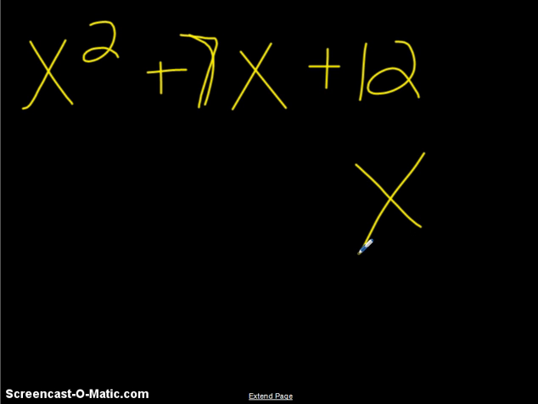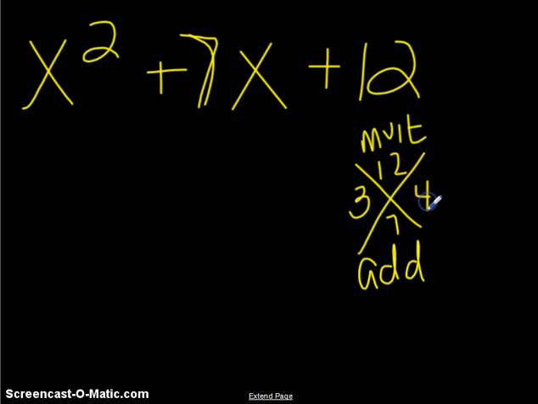And I think to myself, what are two numbers that multiply to be 12? And two numbers that add to be 7? Well, it should be pretty easy in this situation since everything's positive. We know that the two numbers that add to be 7 and multiply to be 12 are 3 and 4. So we're going to have our simple double bubble.